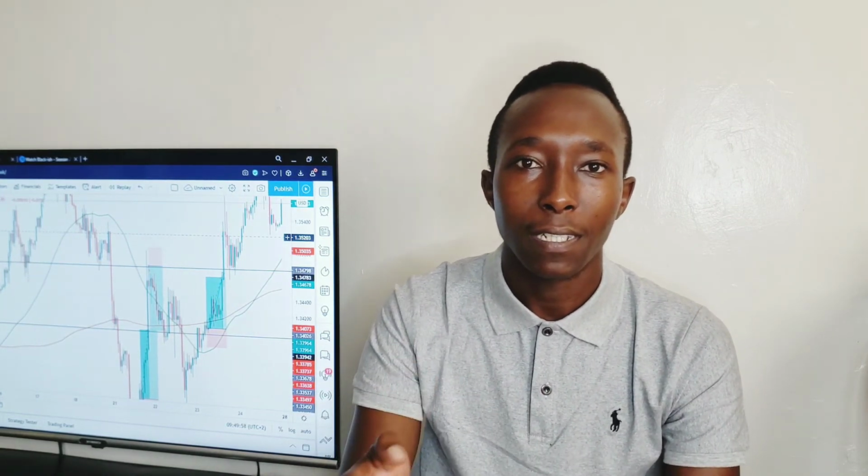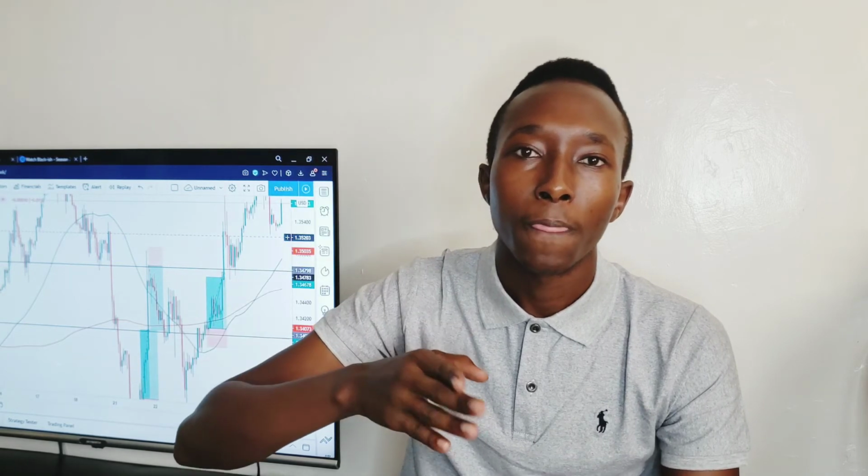So you just set it for the event of a pullback. A stop order on the other hand is set where the price hasn't reached it. So what your analysis basically is saying is that if the price continues to move in this particular movement, then I want to enter a trade and then continue with that trend.